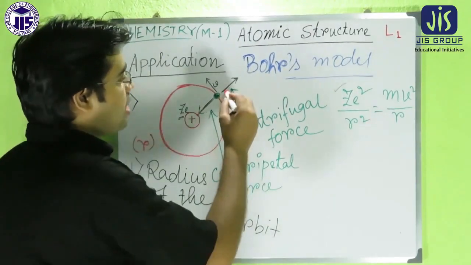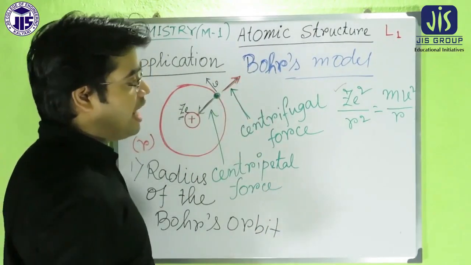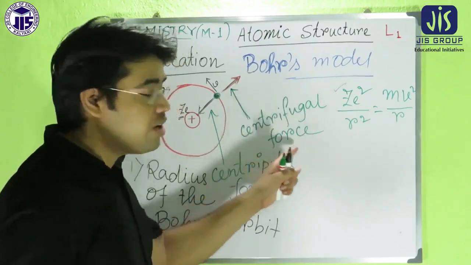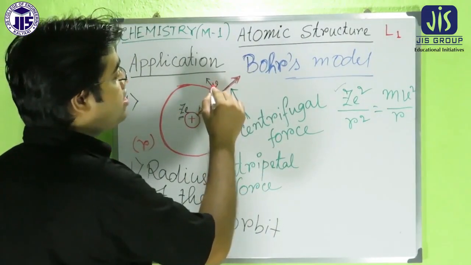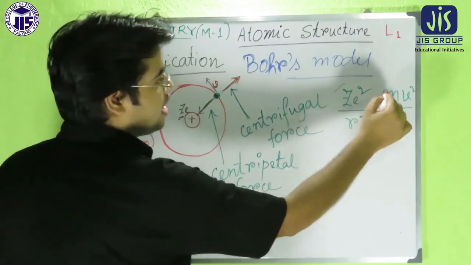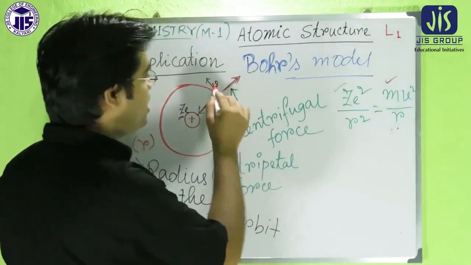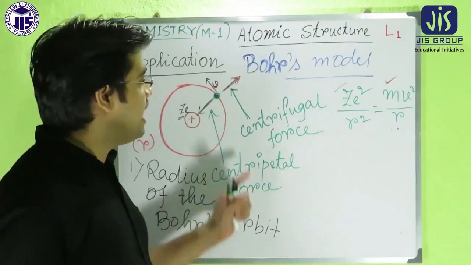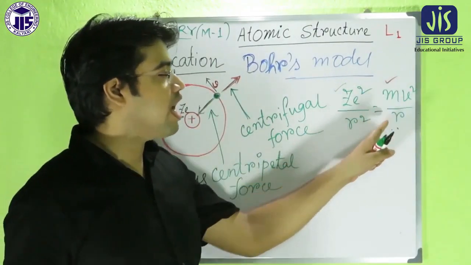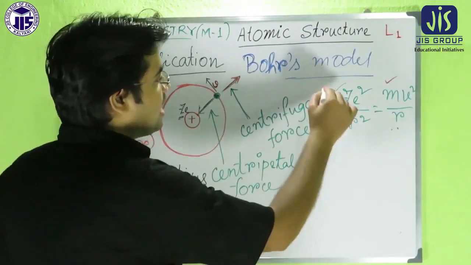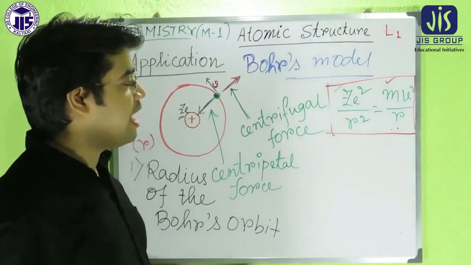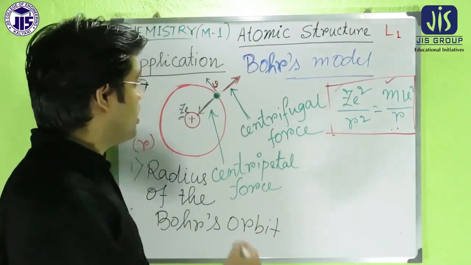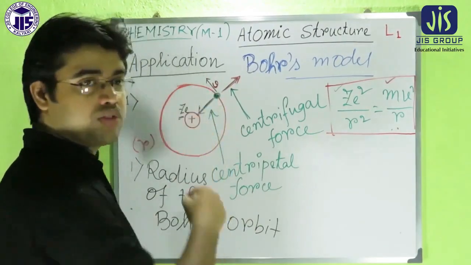In the outward direction, the centrifugal force is acting. What is its value? v is the velocity of the electron, so it is mv² by r. So from that, Ze²/r² = mv²/r, which are obviously equal, such that the electron can continuously revolve around the nucleus.